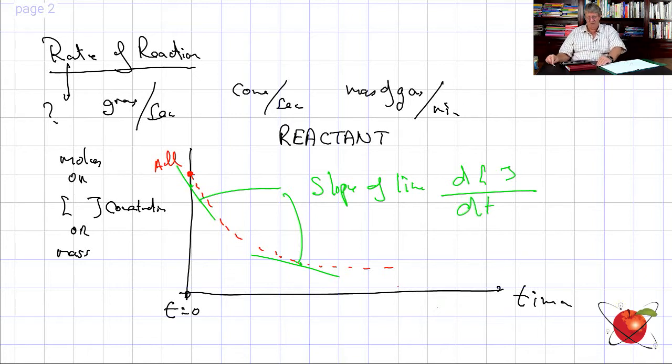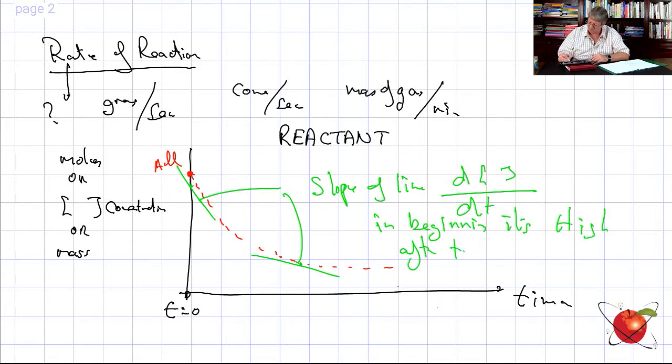In other words, rate of change of concentration with time, rate of loss of mass, rate of whatever it is. It's a slope. In the beginning, it's high. After time, it is lower, until it gets to a flattening out point, but we'll get to that in a few moments.